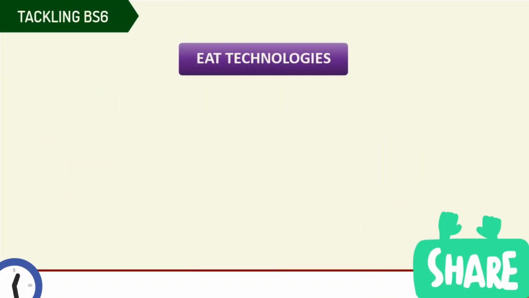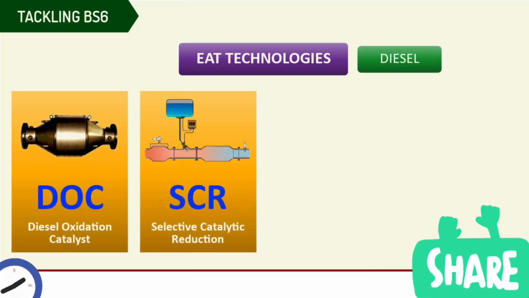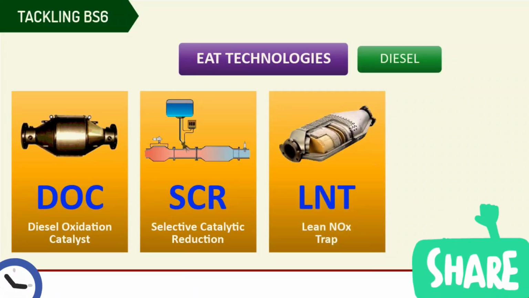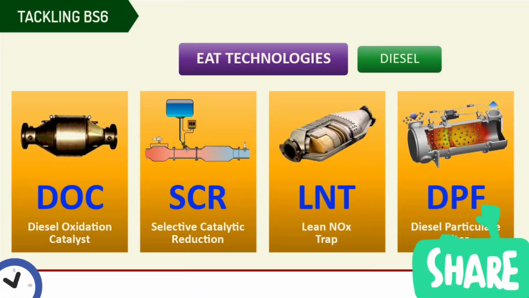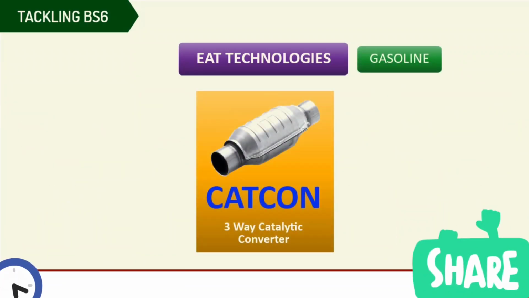EAT technologies like diesel oxidation catalyst (DOC), selective catalytic reduction (SCR), lean NOx trap (LNT), and diesel particulate filter (DPF) will appear in diesel vehicles, whereas three-way catalytic converter will appear in gasoline vehicles.